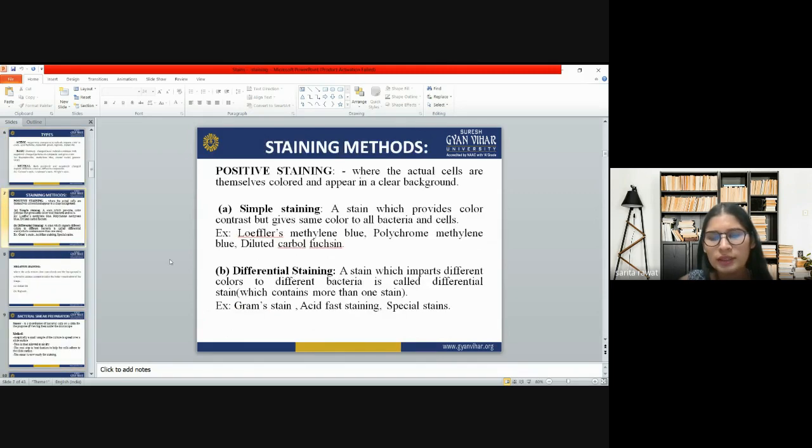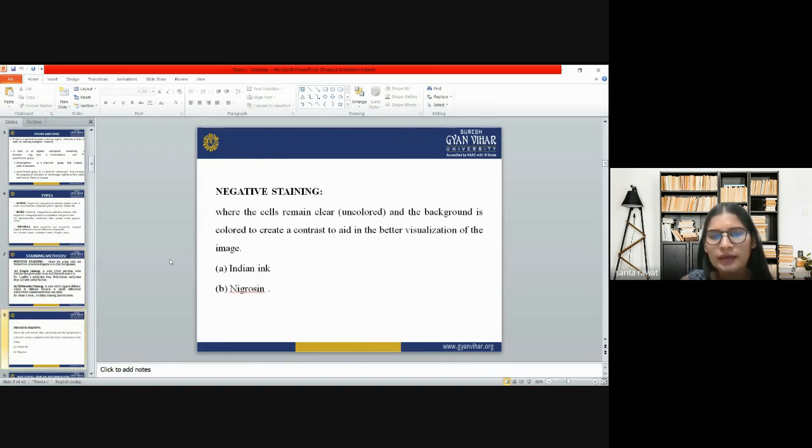The most important thing in staining is we have to make a smear properly so that it can retain the dye properly and give the color properly. And while we try the staining techniques, we have also to know for which bacteria we are staining it. According to that, we have to use the proper dye. Only then the color will be visible. Only then the bacteria will be visible.